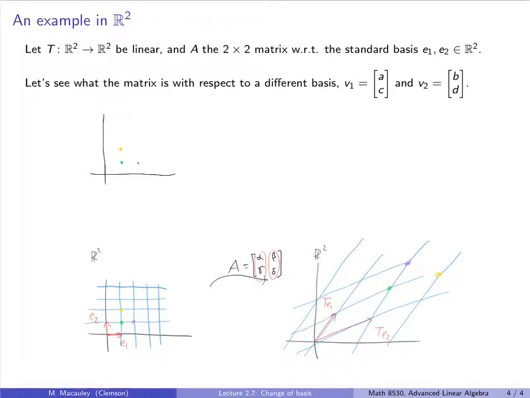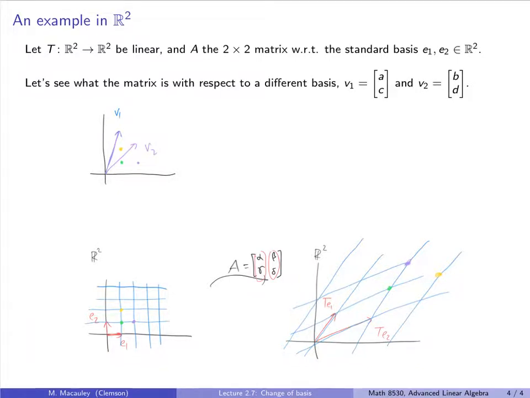Let's say this is V1. You know what? I'll use purple because my grid below is in blue. So let's say this is V1, and let's say V2 is something like this. So we have V1 and V2. Let me take note of this.